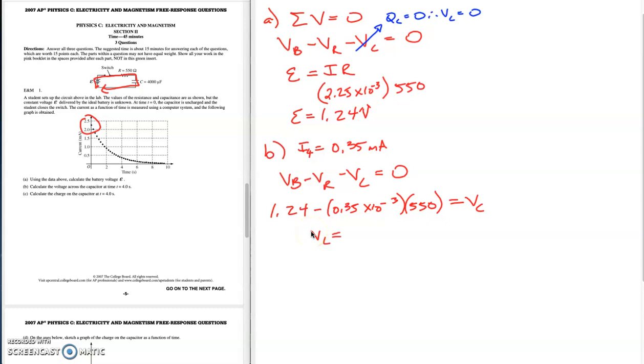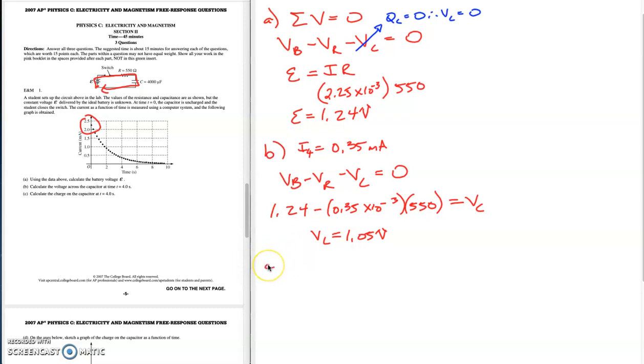Taking out my calculator and typing those in, I got 1.05 volts. I think that's the most straightforward way to do that. There is another way using the exponential decay curve, but we don't need to do that.